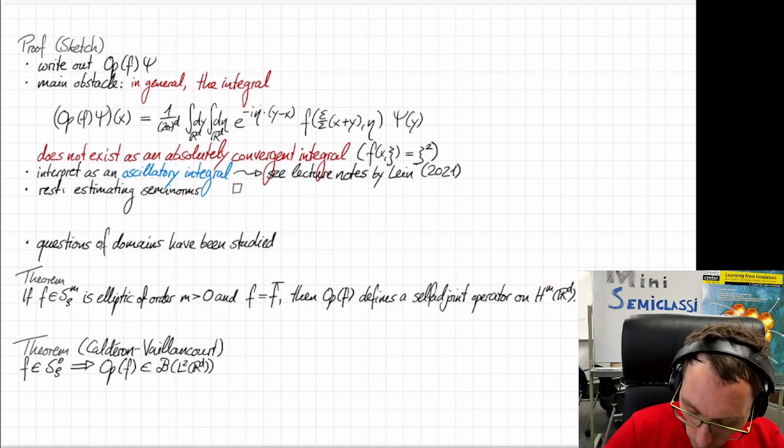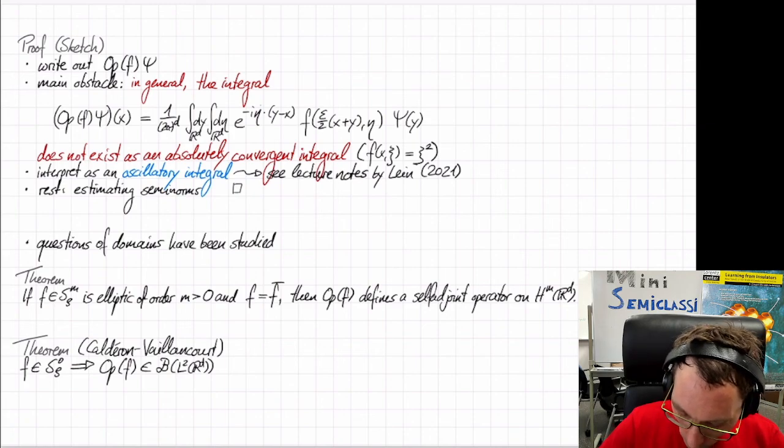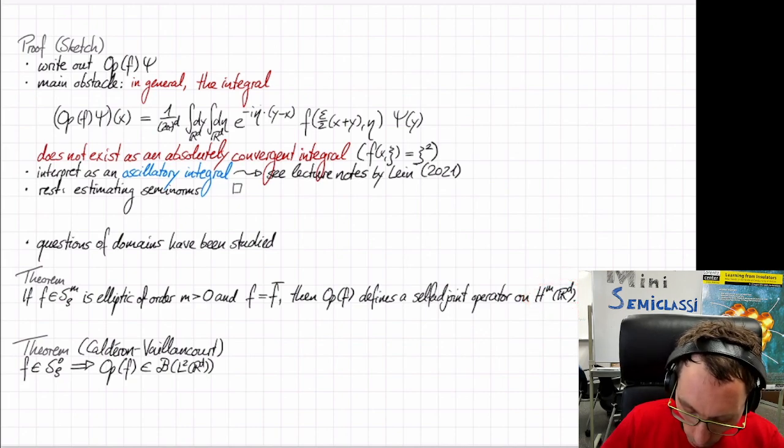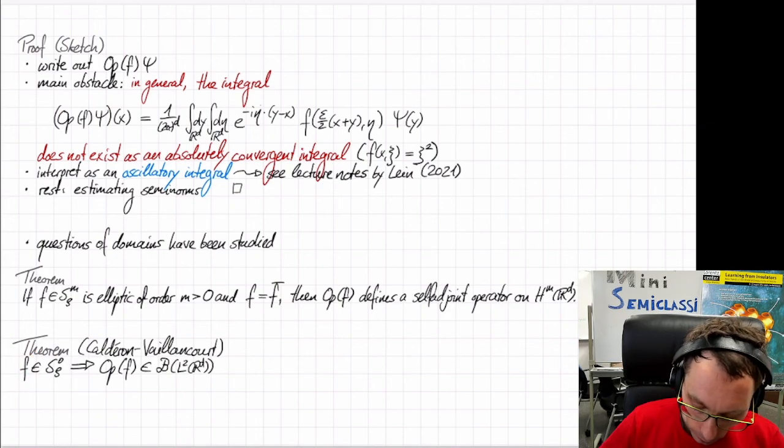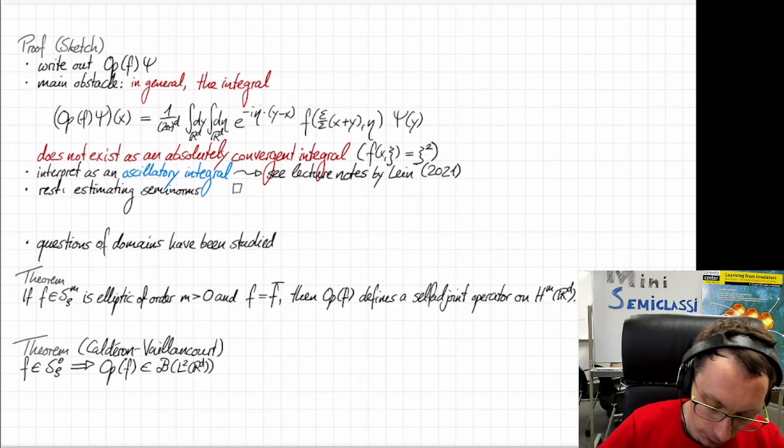These two theorems are of course connected. When you prove one, then basically you have the other, and typically you start with the Calderón-Vaillancourt theorem, and then you compose op f with another operator that maps H^m to, for example, L2, and that's the content of the proof.